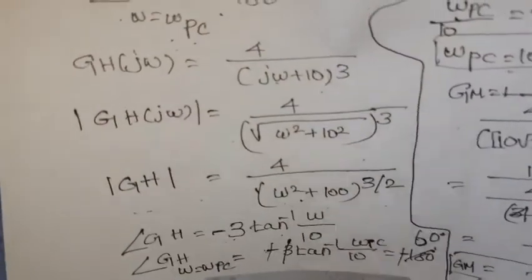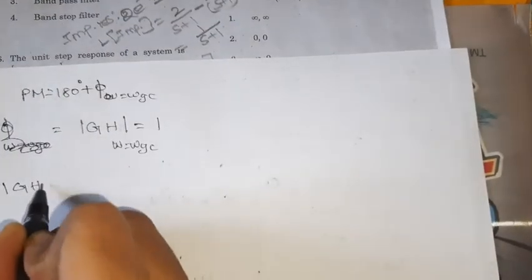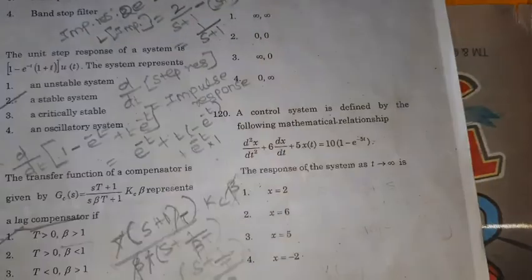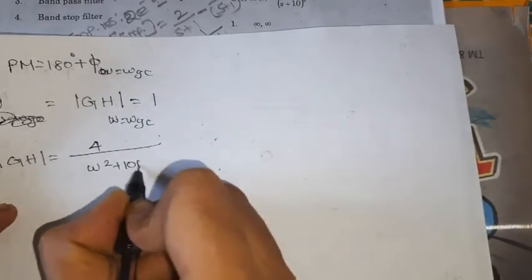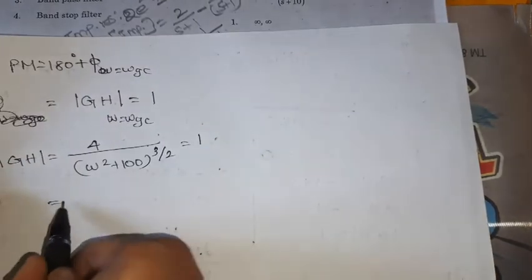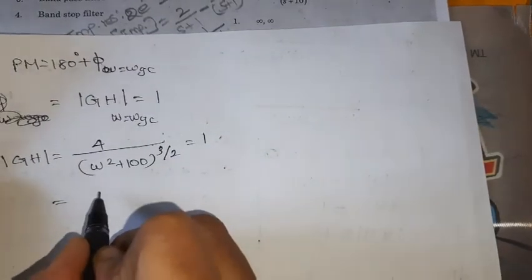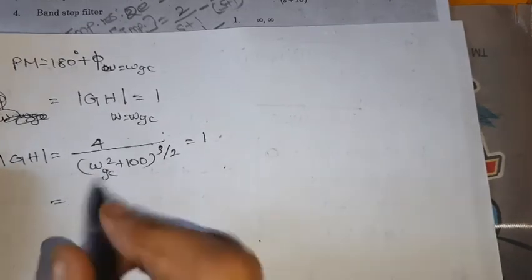We have already found the modulus of GH: 4 divided by (omega square plus 100) to the power 3 by 2. Equating that to 1, we will get omega GC.